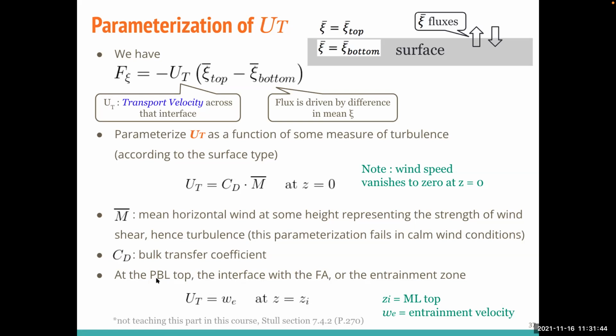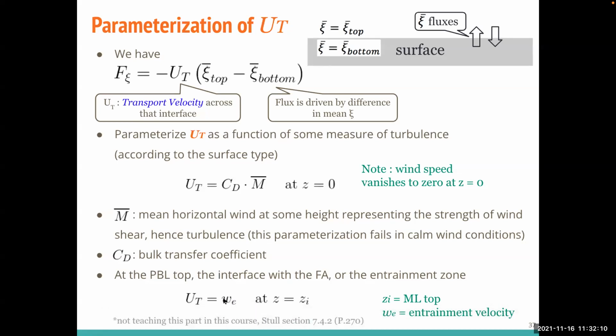Okay, so on top of your PBL, remember that you will have great wind shear on top of the PBL, right? You have the wind, and then the height equals to the boundary layer top. Okay, and the entrainment velocity, I don't know if you remember this, entrainment is the inclusion of the free atmosphere air into the mixed layer.